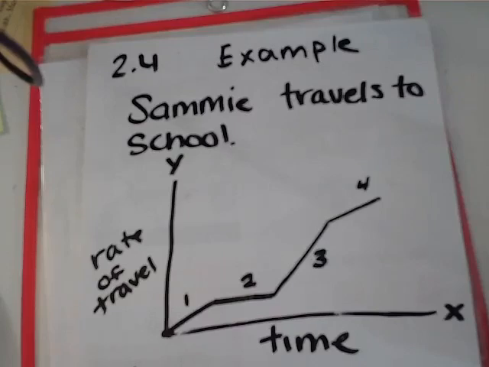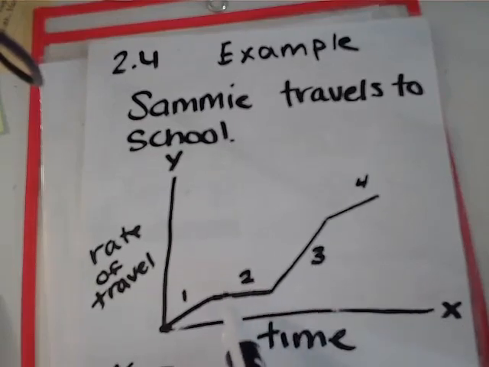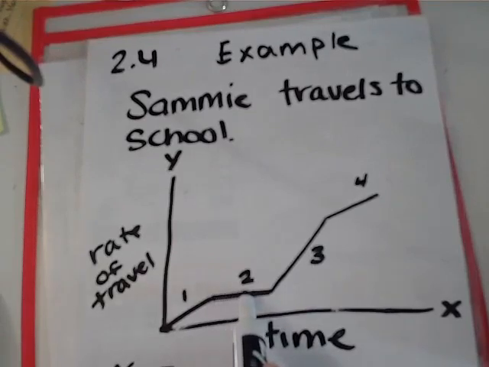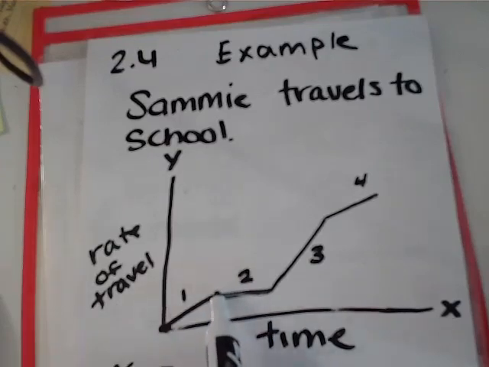If we look at number 2, there is no rate of change, meaning that there's no traveling happening, staying in the same spot for this time period. And so we're going to say that number 2 is the segment in which Sammy is waiting for the bus.